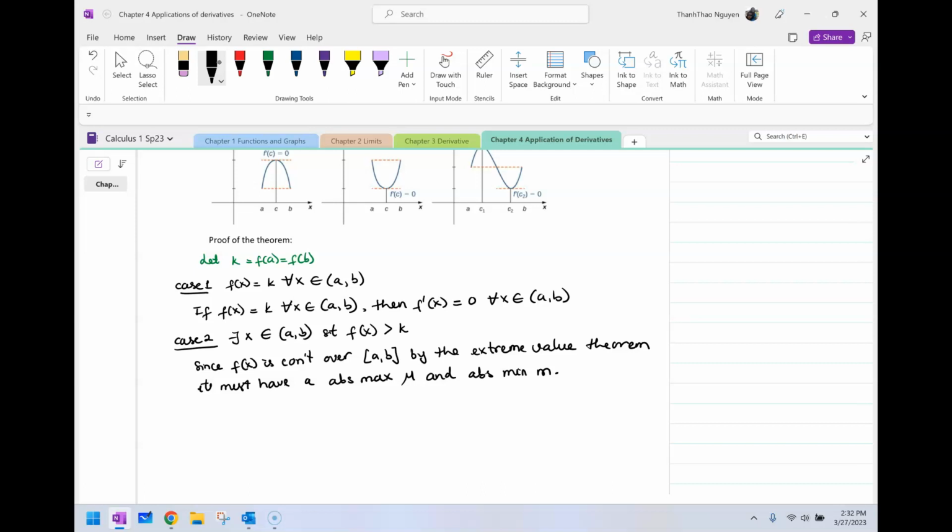Since there is a point x in the interval (a,b) such that f(x) is greater than k, the absolute max value is greater than k.